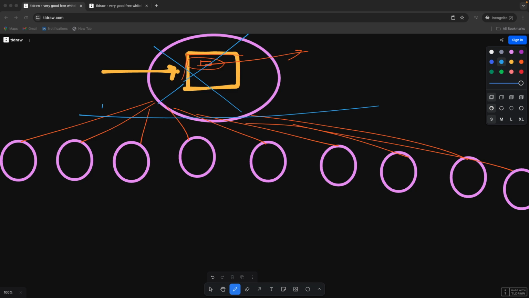Okay, so we have a .com server that is working.